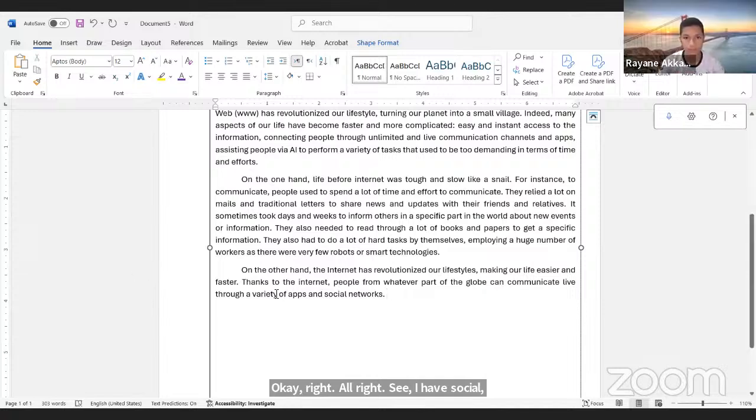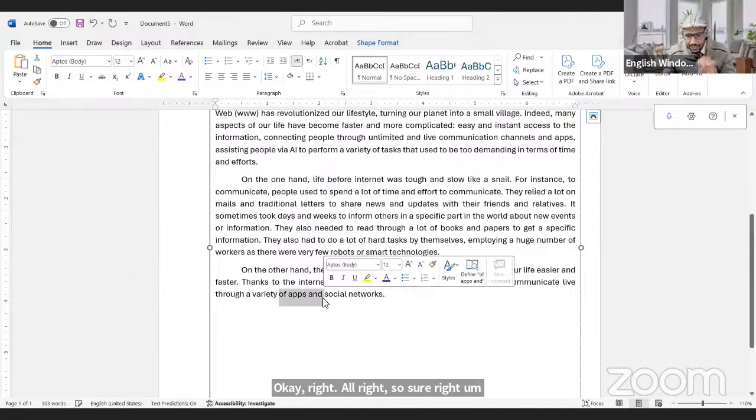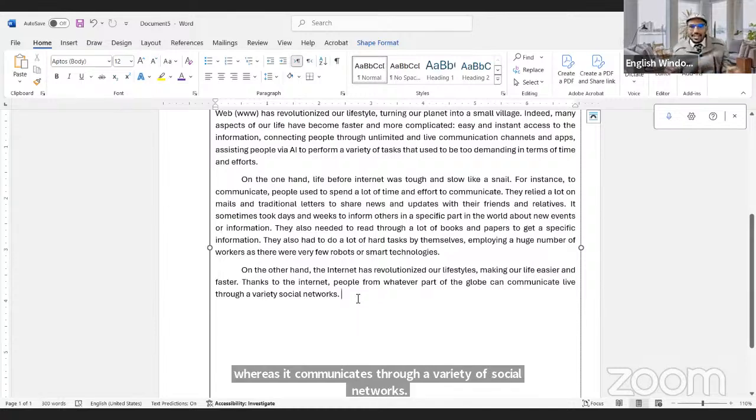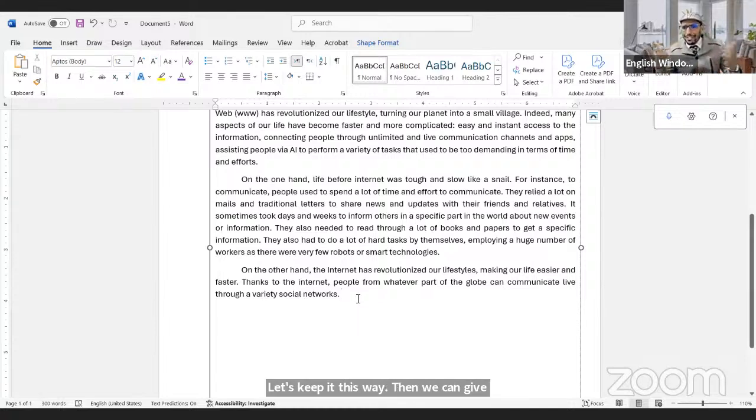So, communicate through a variety of social networks. Let's keep it this way. Then we can give examples of applications that people are using now to communicate easily.